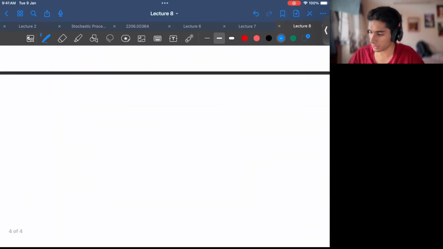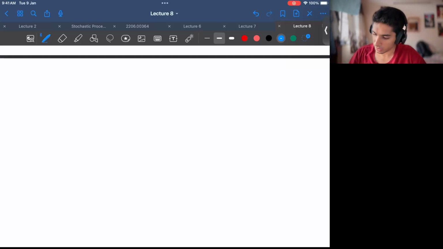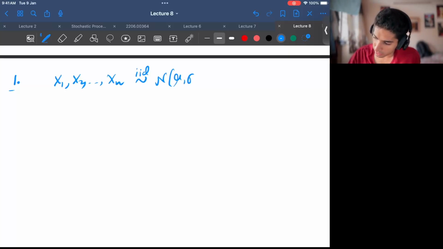So let us look at the first problem. It is given to us that x1, x2 till xn are IID normal mu comma sigma square.